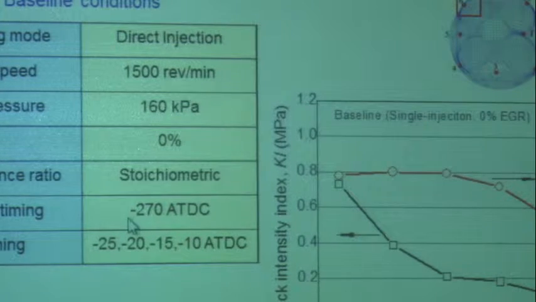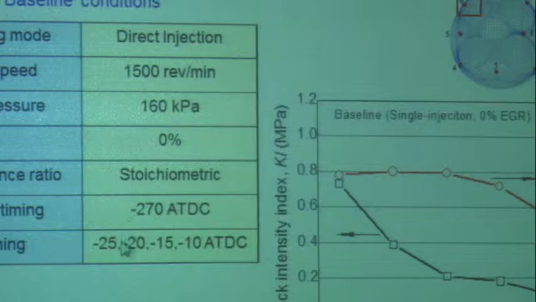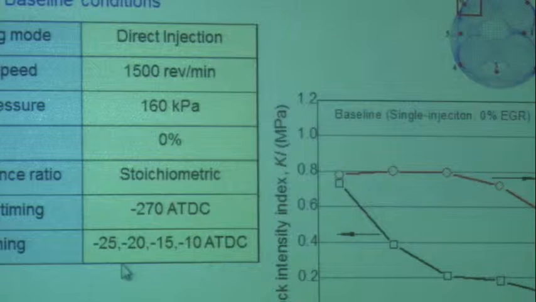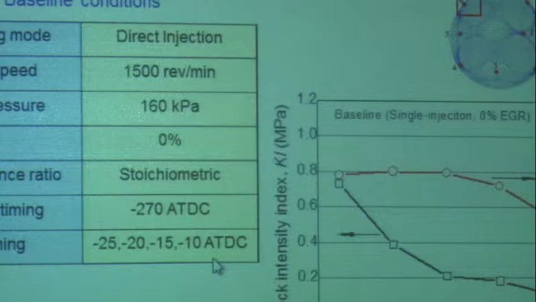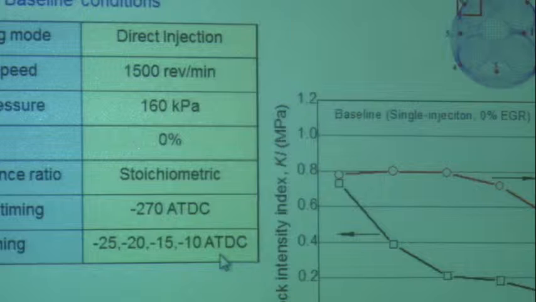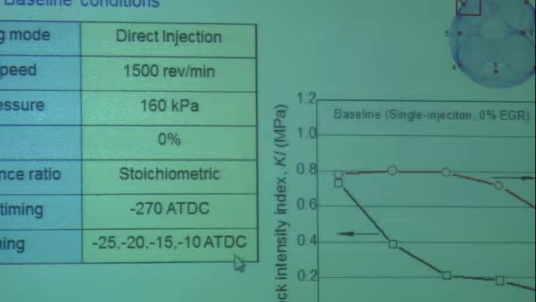You see the injection timing is 270 degrees before top dead center, so during the intake stroke. And we're going to look at what happens when you change the spark timing from 25 to retarded timing of minus 10 degrees before top dead center.